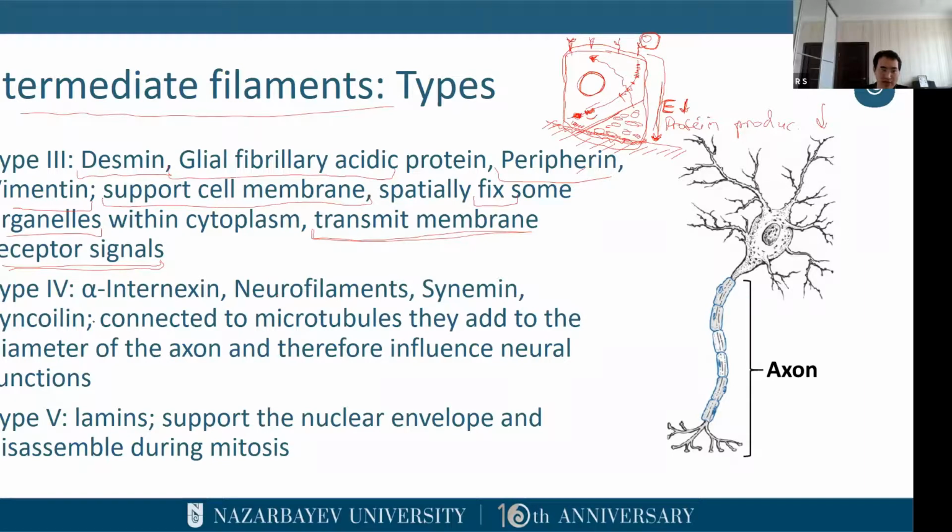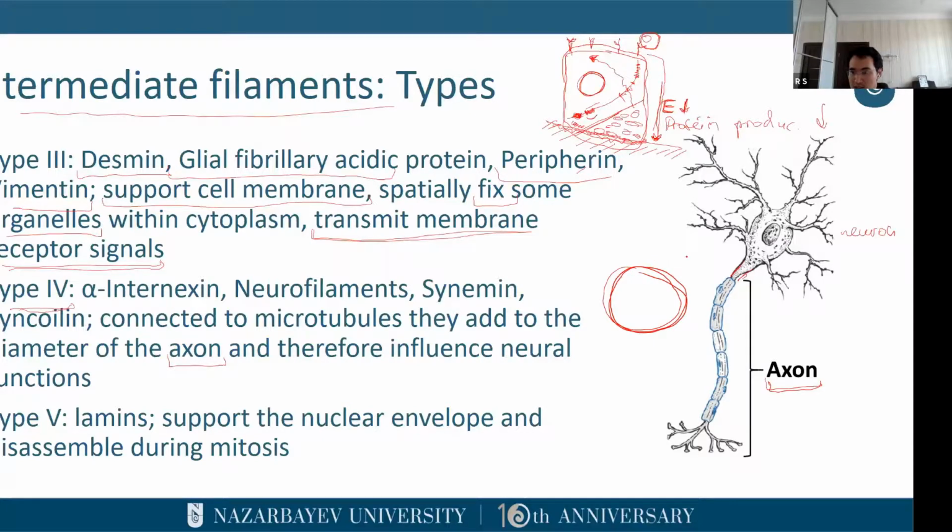So we have type 4 intermediate filaments, and they are neural ones. They are responsible for maintaining the shape and diameter of, for example, an axon. And this is the neuron. All neurons will have one axon, a single axon. And the bigger the diameter of this axon, the more processes we can maintain inside it.